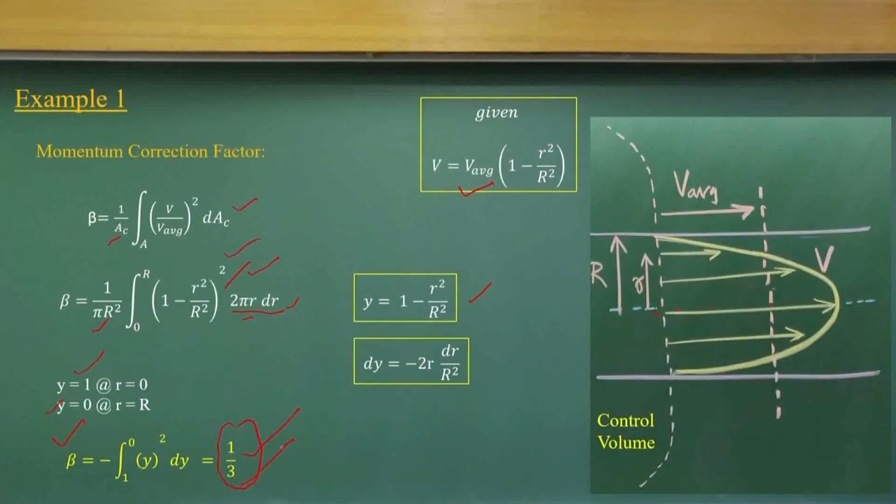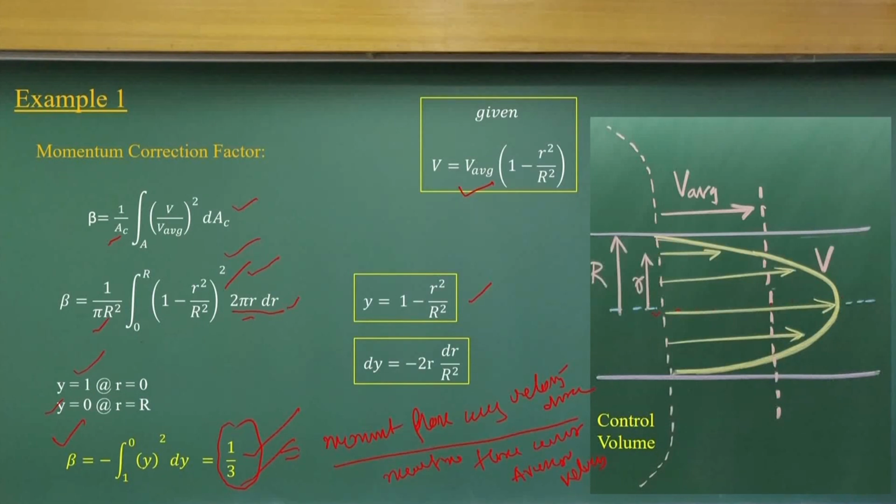If you have beta equal to 1 by 3, what it indicates is that the momentum flux using the velocity distribution divided by the momentum flux using the average velocity is 1/3. So, the momentum flux using the velocity distribution will be 1/3 of the momentum flux using the average velocity.